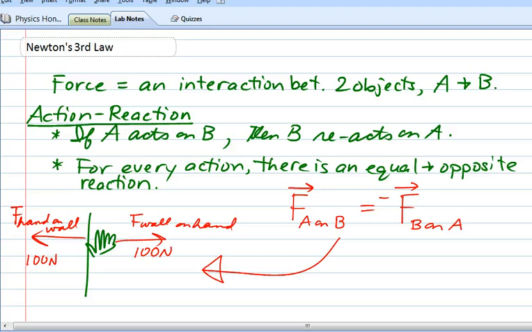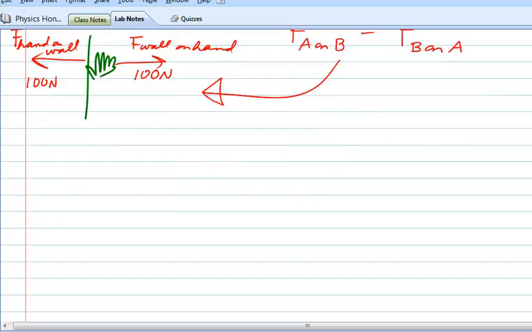Here's an example of something that is not an action-reaction force. Here's my hand, side view, and I've got some sort of an apple or a pear, some sort of fruit sitting in my hand.